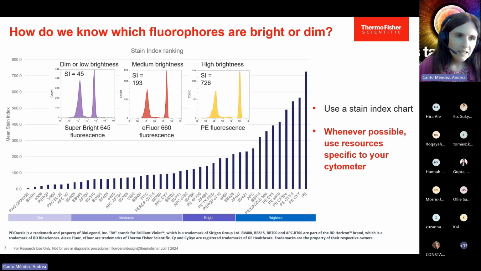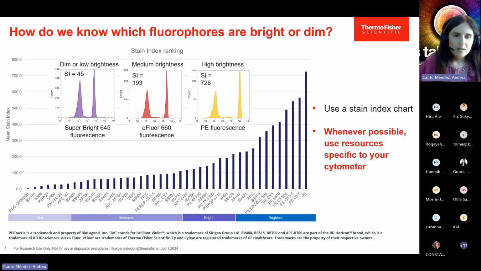You can see that the negative and the positive population are not so well separated. Then when we check fluorophores with a higher stain index, you can see that the separation improves. Here you can see PE, which is very bright with a very high stain index value, and Fluor 660, which in this instrument has a medium value.